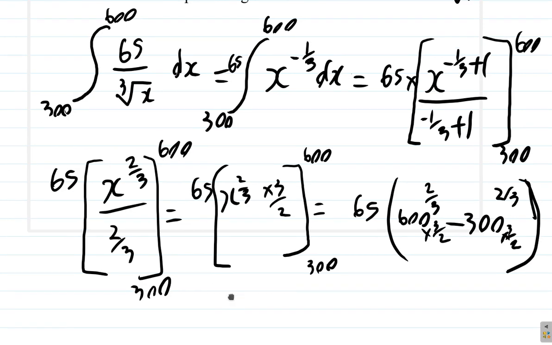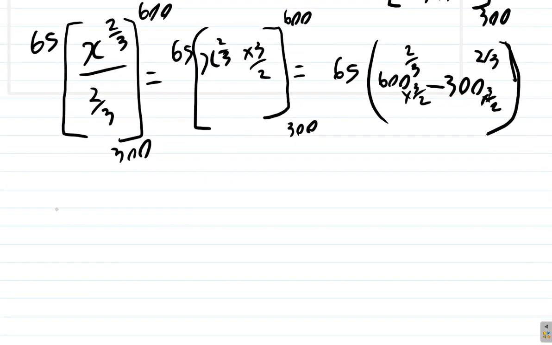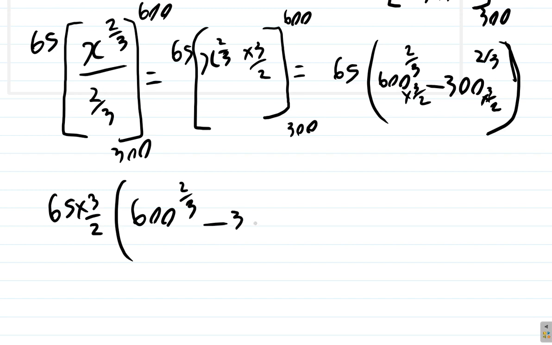But I could move the 3 over 2 outside the bracket. I have 65 times 3 over 2 times 600 to the 2/3 minus 300 to the 2/3.